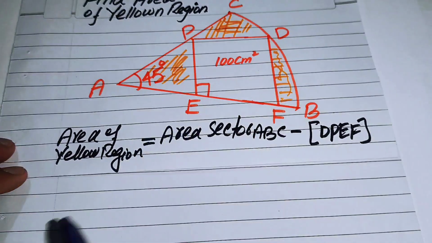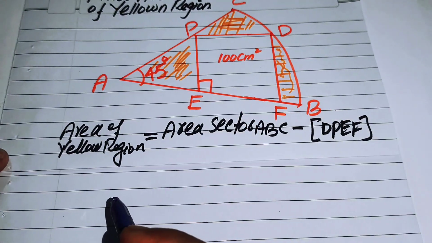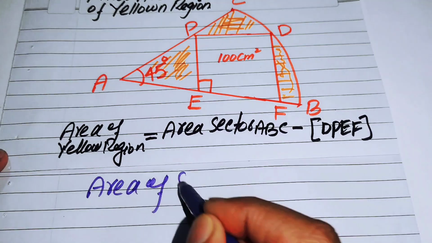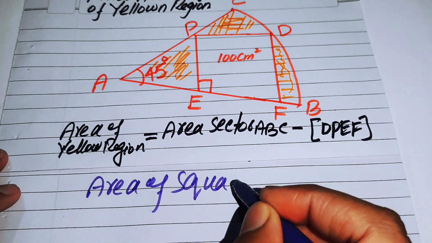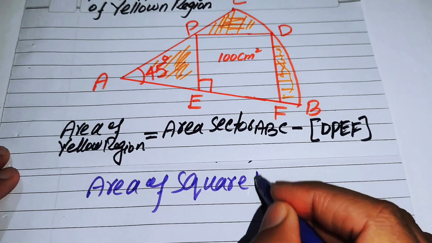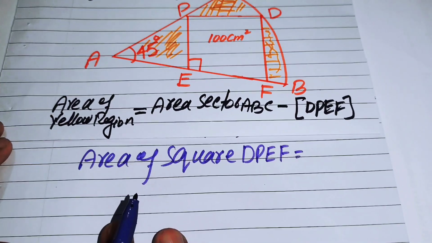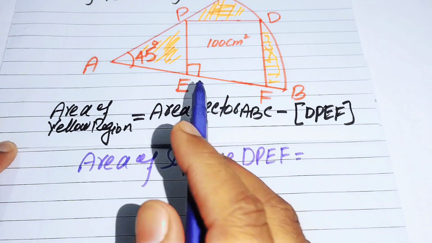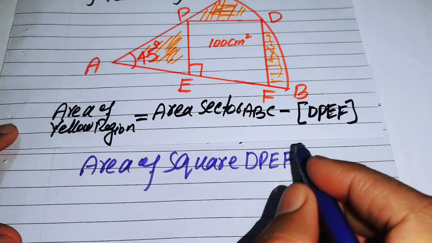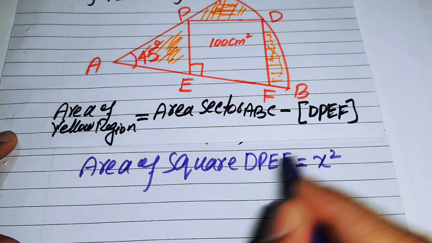Here you see that our area of square equals 100 centimeters square, and the area of square DPEF equals length multiplied by width, and the length and width of a square are the same. If I name one side length x, its area is x squared.